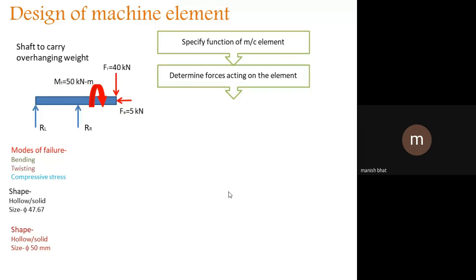After some time, we will find that it fails. It may break into pieces, or the bearing will fail, and a jamming action will get created, whatever may be the mode of failure. But analyzing the forces, determining the forces acting on a machine element is a very important task.